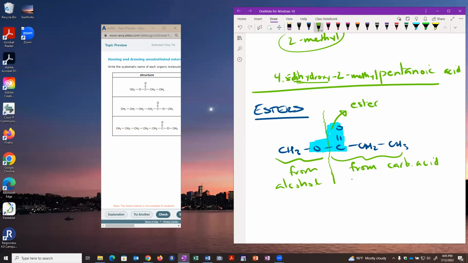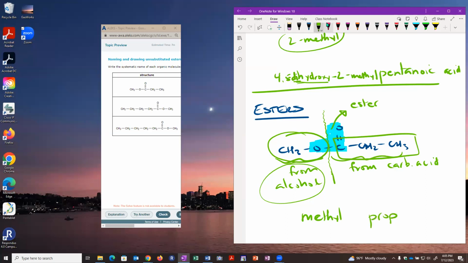So when you name the ester, the first name from the ester comes from the alcohol that was used. This is a 1-carbon alcohol, so we call that methyl, meth for one, and yl for the ending. And the second name for the ester comes from the carboxylic acid. This is a 3-carbon carboxylic acid, so a 3-carbon would be prop, and then we change the ending to anoate.